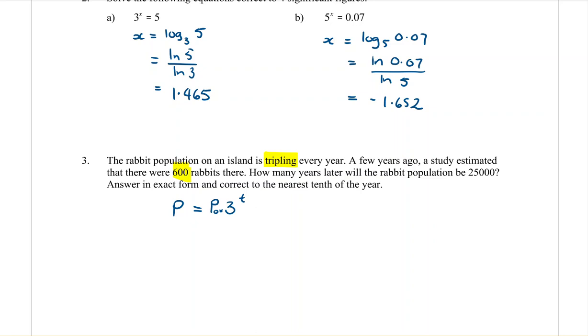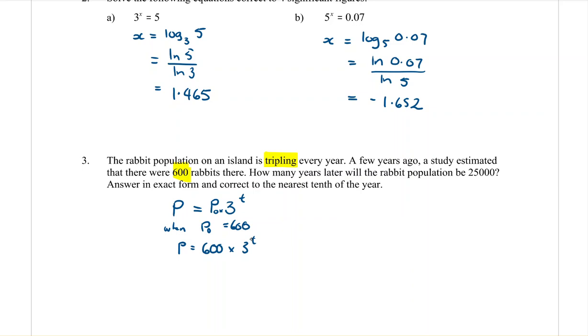So first of all, I'm going to sub in when P0 equals 600. And that's going to give me the equation P equals 600 times 3 to the power of T.